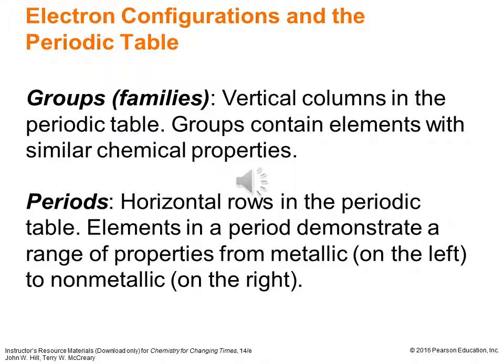All right, so a little more about those groups and families. So the vertical columns in the periodic table, as I mentioned, the group 1 there are the alkali metals. They're a family. They have similarities, similar chemical properties. If we go to the very end of the main table, group 8 or 18, the noble gases, they have limited chemical reactivity.